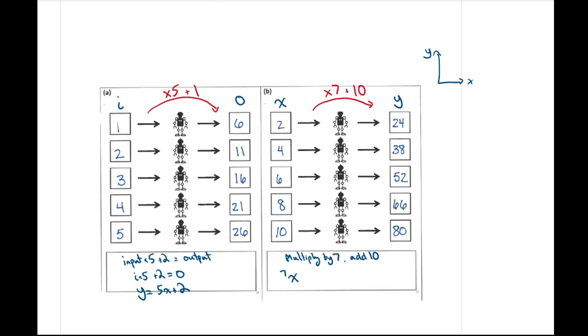So I'm going to say 7x, because if I have a letter and a number side by side, I'm going to assume that the operation is multiplying. So 7x plus 10 equals y. Or I could put y equals 7x plus 10. It doesn't really matter where I place that y. Whether it's at the end or the front, it still means the same thing, but generally speaking, it would come at the front.